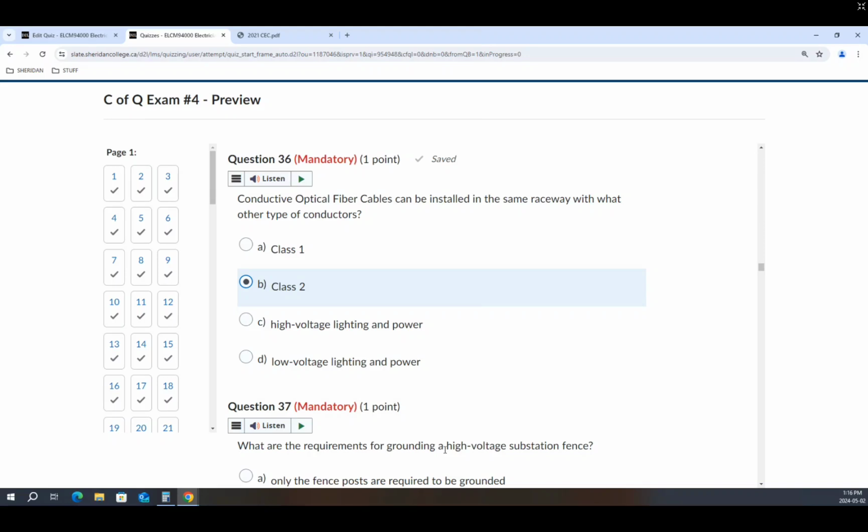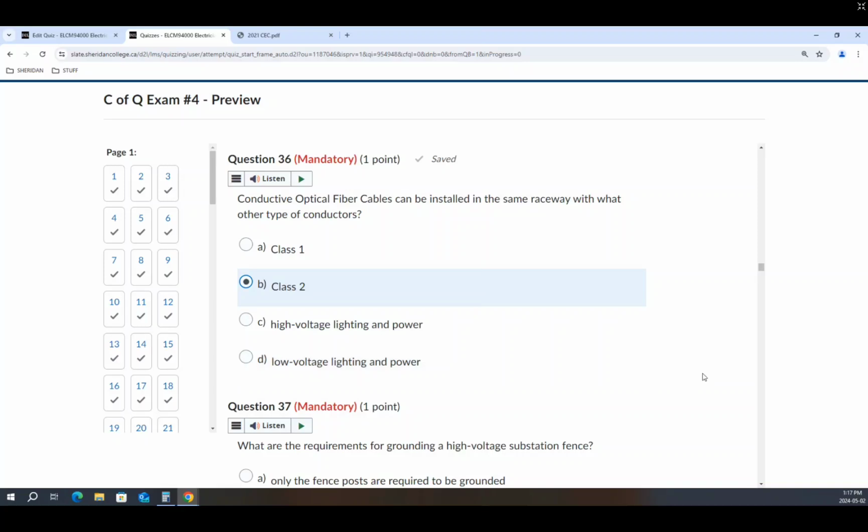They're just trying to make you run around the code book and waste a bit of time, make it a little bit harder for you to get a good mark. So go in with a plan, be ready for the unexpected, but there's really not much unexpected with the CFQ.